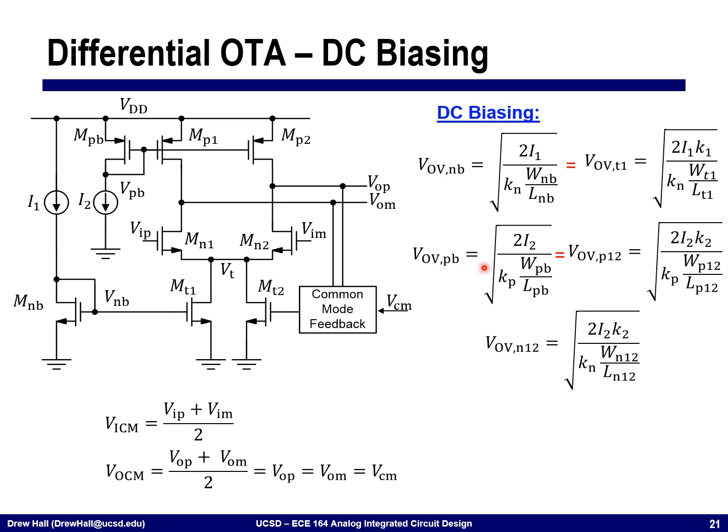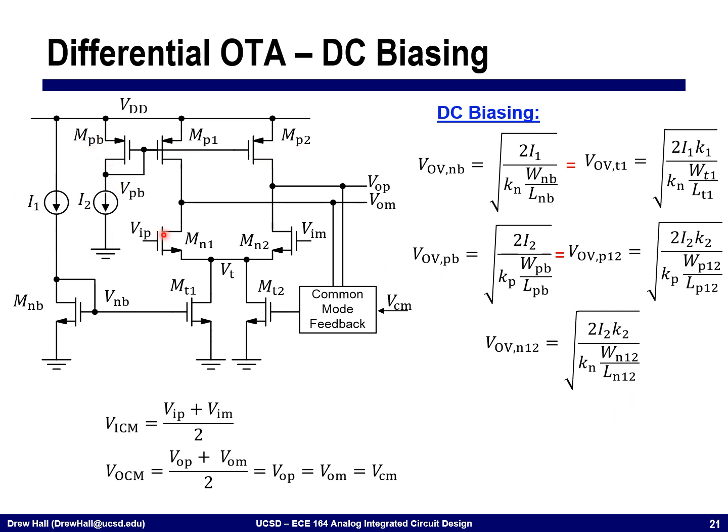For the load device, same thing. We're going to calculate this now based off of I2, since this is a current mirror structure that's copying the currents over here. And this allows us to do MPB as well as MP1 and MP2.